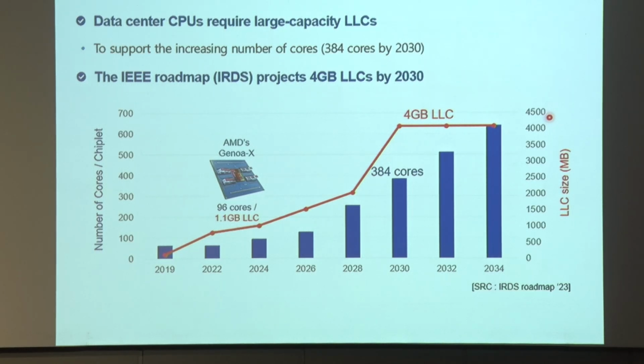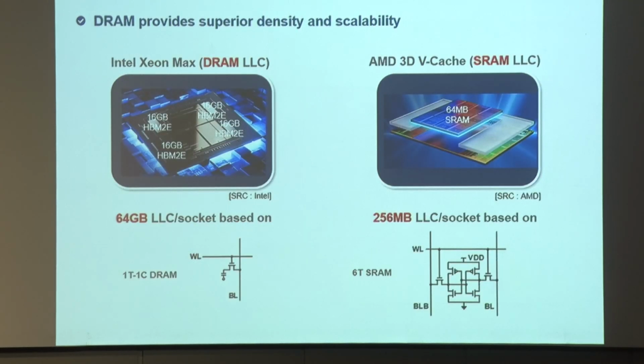Without this, both performance and energy efficiency could suffer. Typically, each socket requires 1 to 4 GB of LLC. To efficiently integrate large caches, CPU manufacturers have adopted a new approach called heterogeneous integration. Examples of this include AMD's V-Cache and Intel Sapphire Rapids with HBM2E stack.